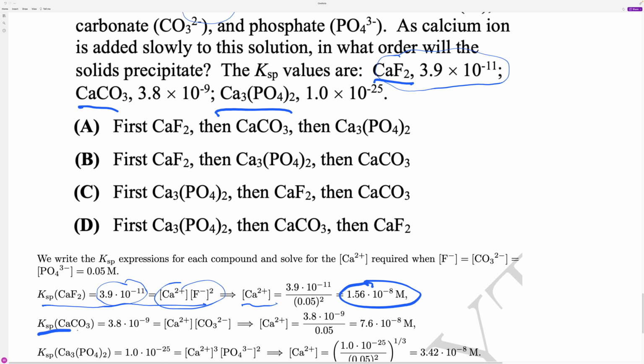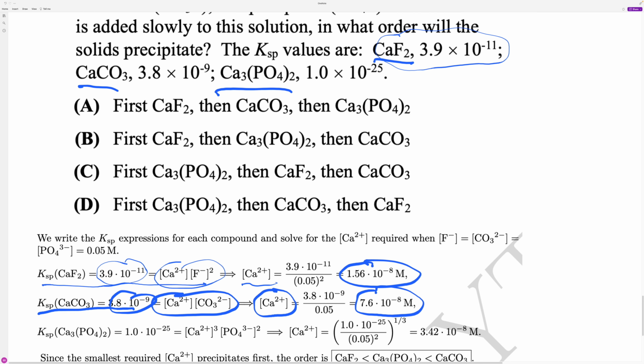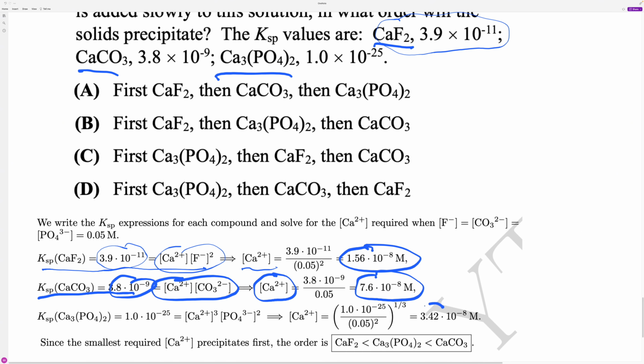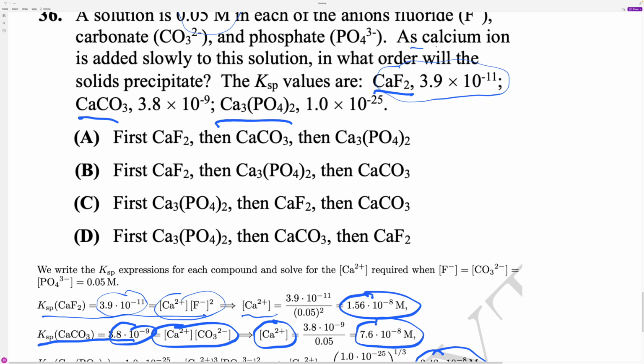Now we do the exact same thing for calcium carbonate. We have our value, we write the KSP expression, and we rearrange for the calcium ion concentration, and we get this. I'm not going to go over this one. It's the exact same process. We get this value. So the precipitation is going to start for the salt that needs the lowest concentration of calcium 2+, because the calcium ion is slowly being added to the solution.